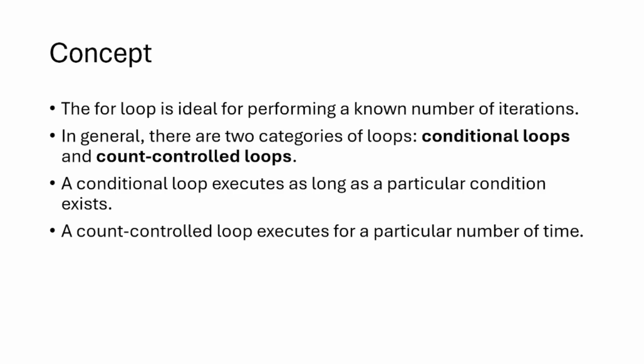If the expression being checked in the while loop is true, the statement keeps executing until it becomes false, and then we break out of the while or do while loop. A count controlled loop executes for a particular number of times.